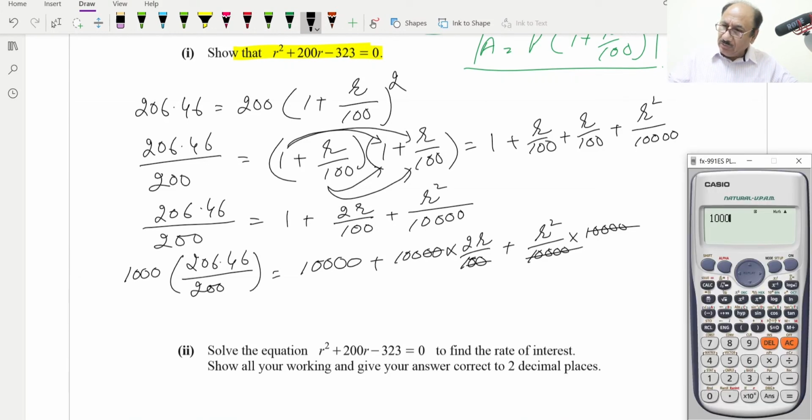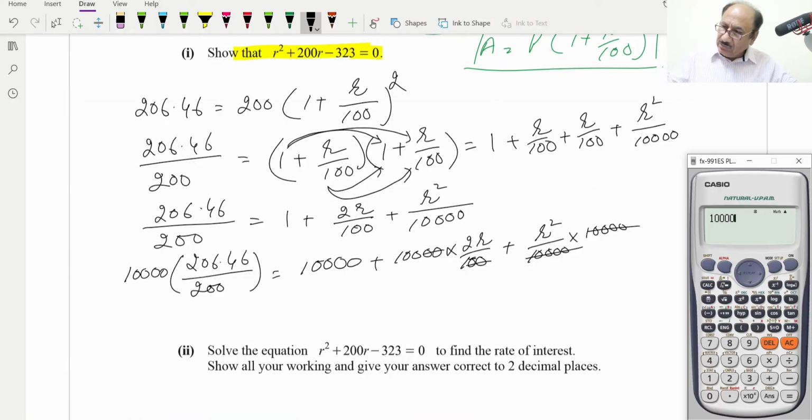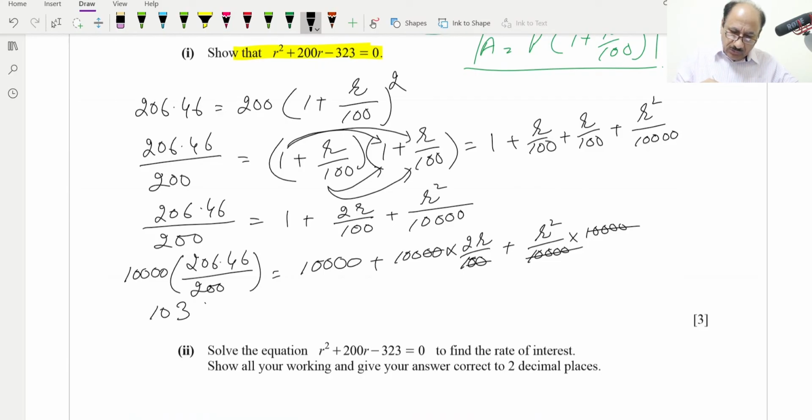So it will be 10,000, multiplied by the fraction 206.46 divided by 200, and this will be equal to 10323, and this is equal to this much, and plus this will be 200r, plus this will be r squared, and the final step I will be writing in red so that you can understand and see clearly.